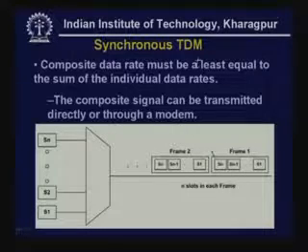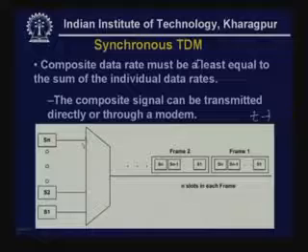Here, some kind of framing is done, as you can see the interleaving. We have received a part of the data from source 1 in time, then the data from source 2, then data from source 3, and in this way data from source n.